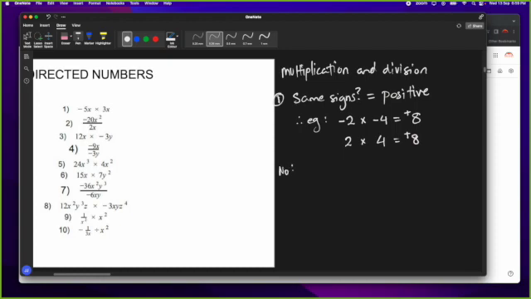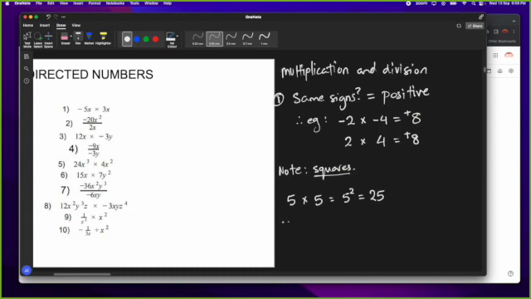This brings us to an interesting note about squares and square roots. Note that if I have 5 multiplied by 5, this is 5 squared, which will give me 25.